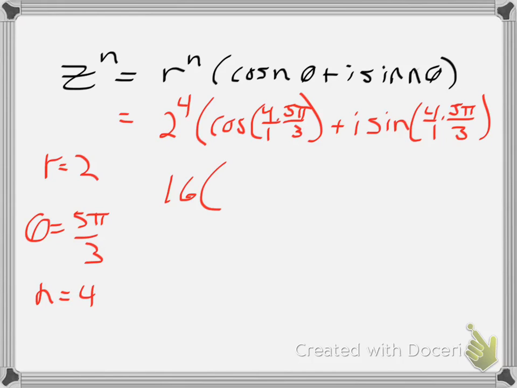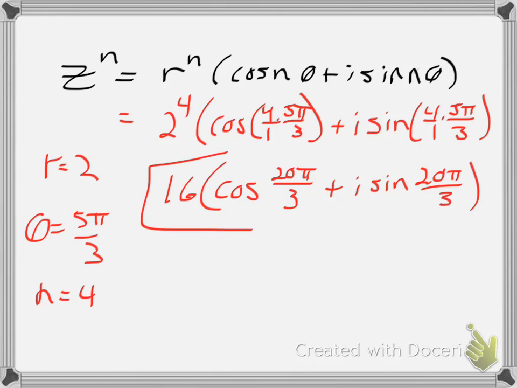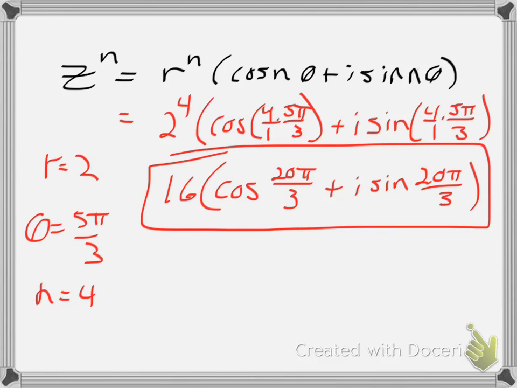So 4 times 5 gives me 20 over 3, which I cannot reduce, so I'm left with cosine of 20 pi over 3 plus i sine of 20 pi over 3. Again, this is in polar form, the polar form of a complex number, so it's fine to leave it like so. And I have my complex number raised to a power.